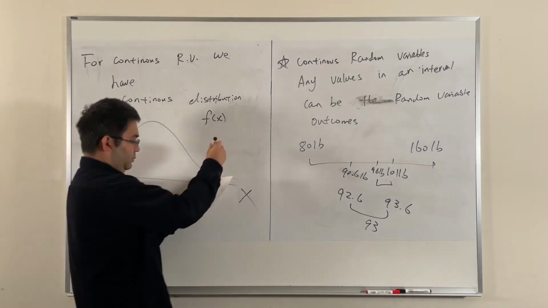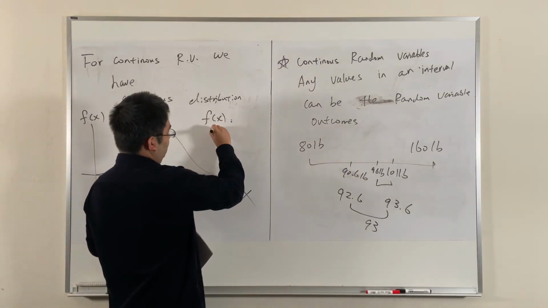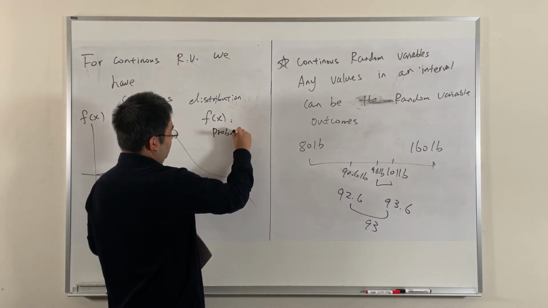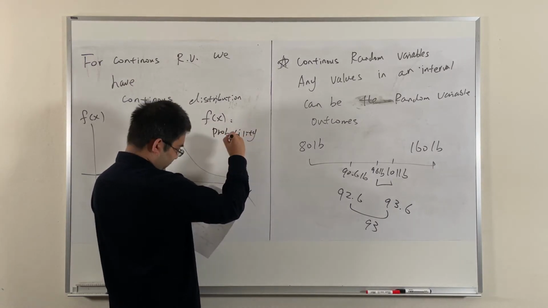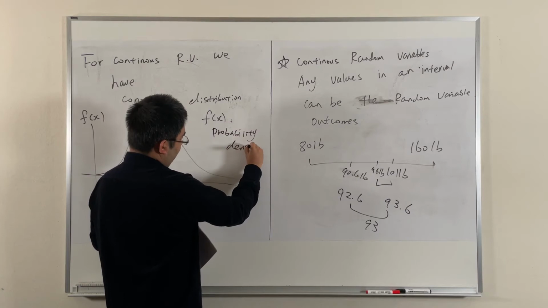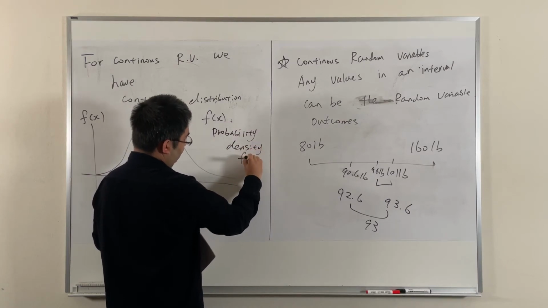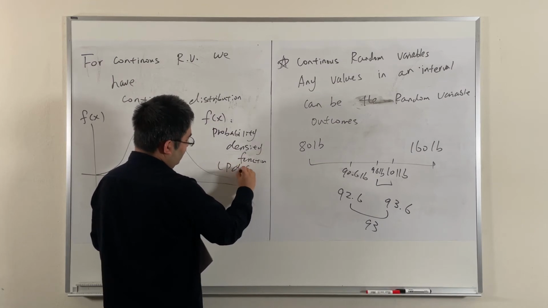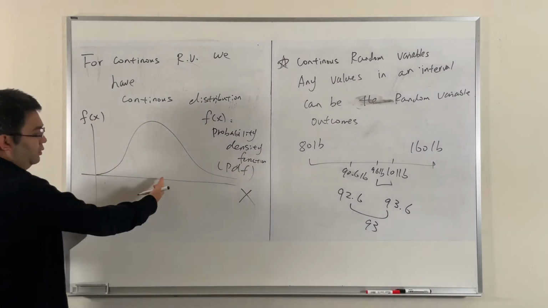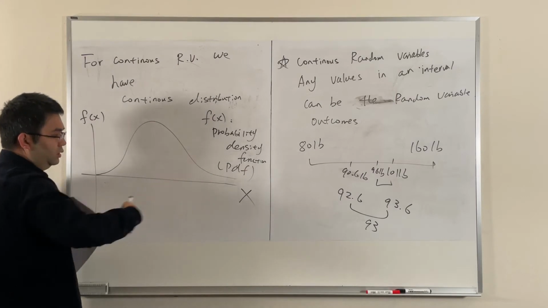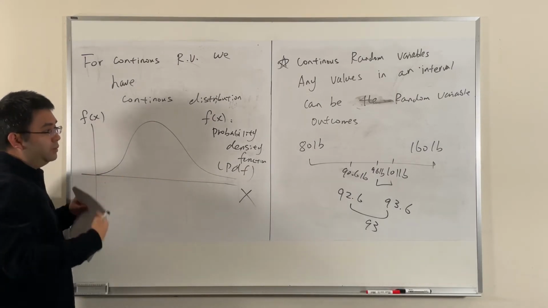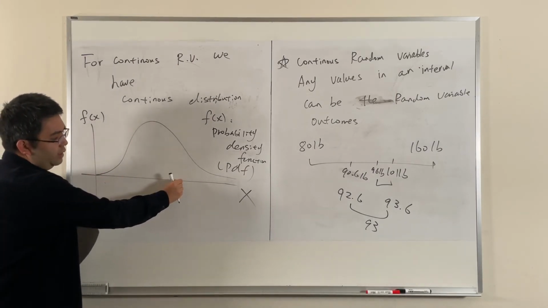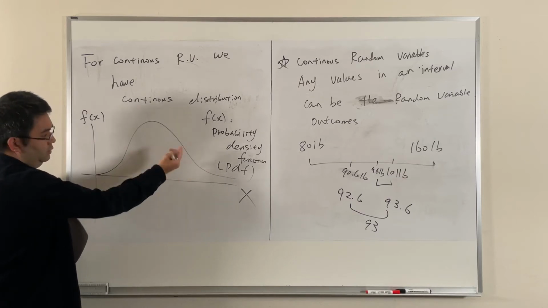So this is what we call the probability density function, or PDF, right? PDF tells you, if you give me a value, I'll tell you the height, so what is the probability of this tiny range of that event happening.